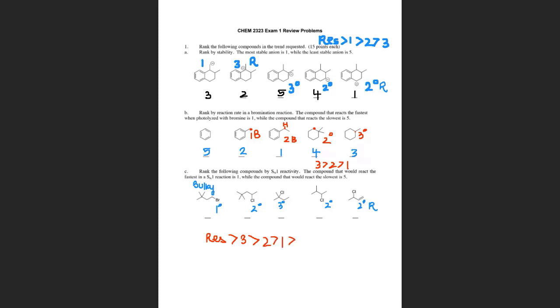And then if you have a bulky group, that's going to be last. That just kind of prevents the nucleophile from attacking. That's why the bulky is last. And oh yeah, for that second molecule, this molecule too, there is a bulky group. I just didn't get to write it.